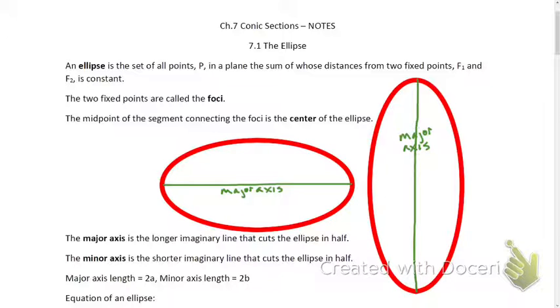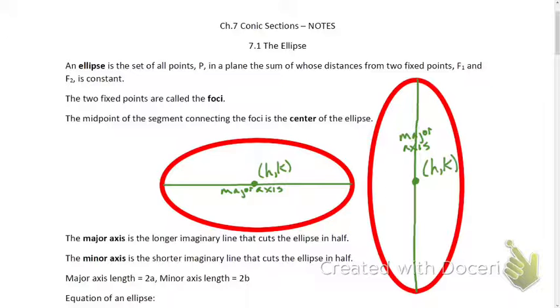It does have a center. So let's guess, it's about right there. And we're going to use variables h and k for the center. And the center on this one is about right there at h, k.